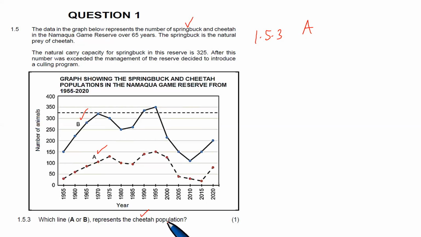So we've seen that A represents the cheetah population because it is a bit more stable.